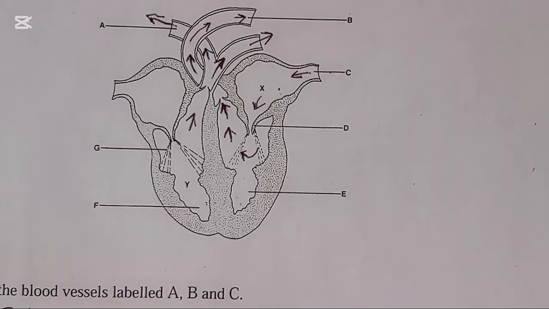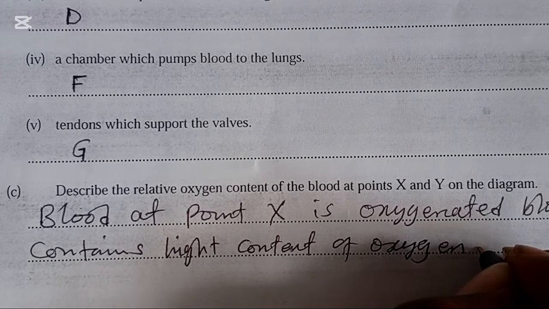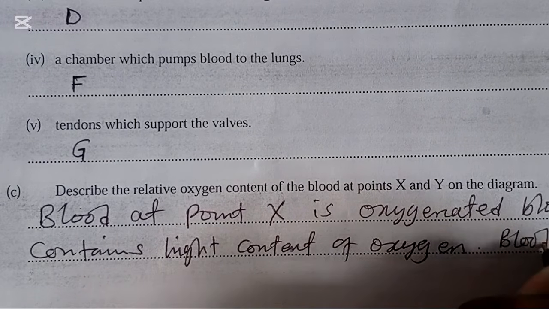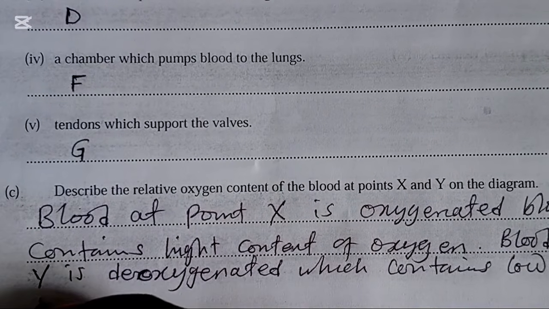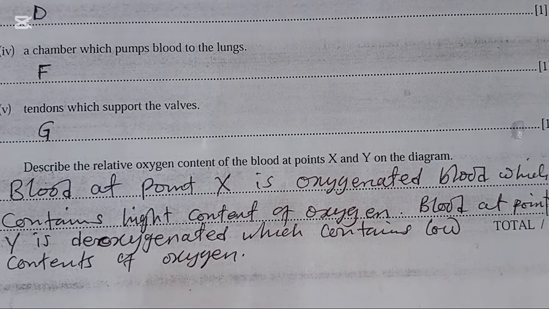So Y has less oxygen than X. Blood at point X is oxygenated blood, which contains a high content of oxygen. Blood at point Y is deoxygenated, which contains a low content of oxygen.